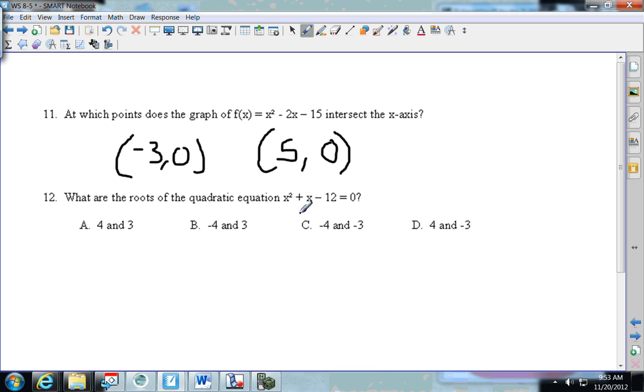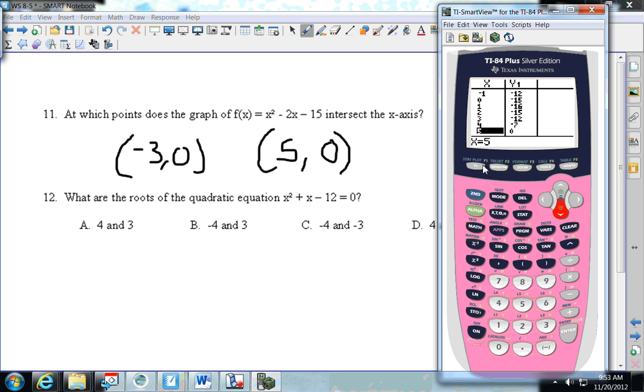Now we'll do the same thing right here with this next one. It says, what are the roots of the quadratic equation? So I go to y equals, put in there x squared plus x minus 12. I'm going to press graph and look and see first how many solutions there are. There are 2. Now it looks like -1, 2, 3, 4. Well, let's see if I look in the table and find it.